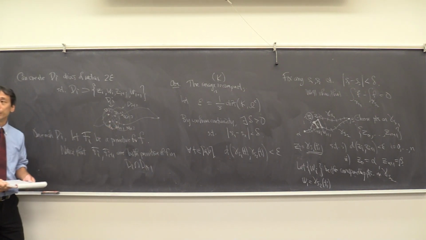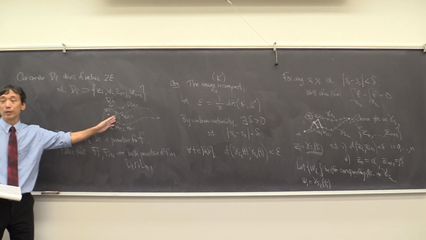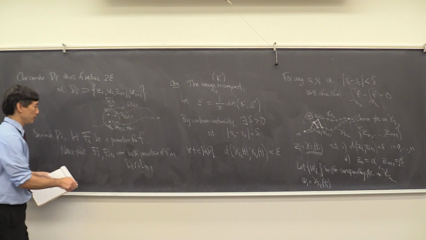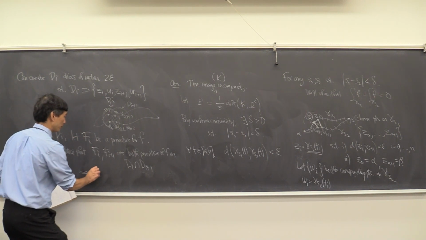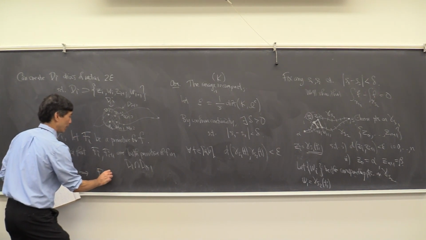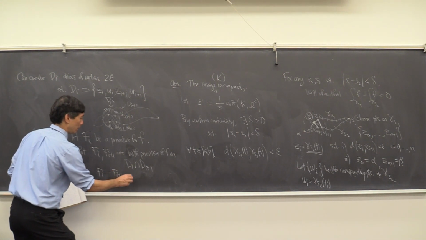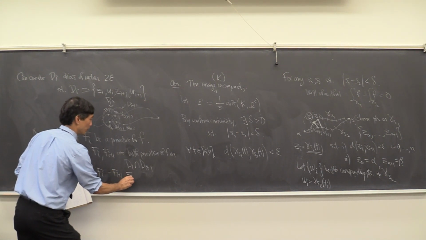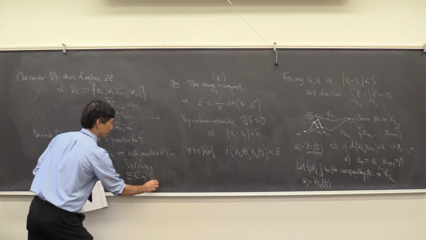So both of these guys are primitives for the same function there, and so they differ by a constant. Right. So F sub i minus F sub i plus 1 is constant on that intersection.